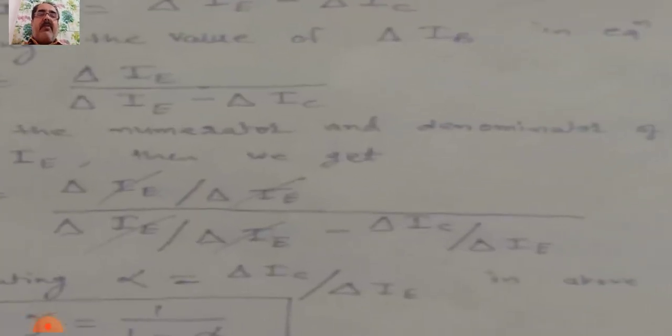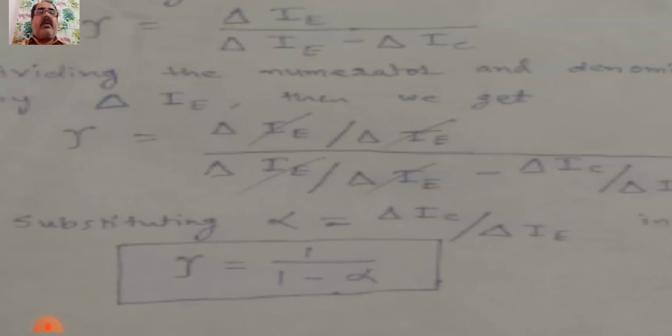But alpha is equal to delta IC divided by delta IE. So substituting this value in the above equation, the current amplification factor becomes 1 divided by 1 minus alpha.